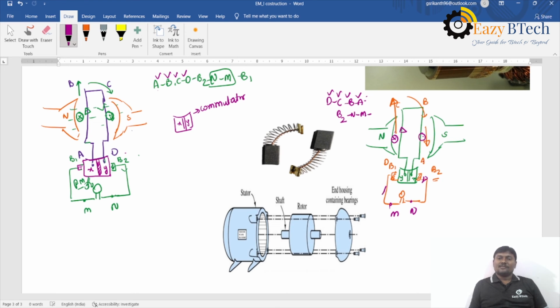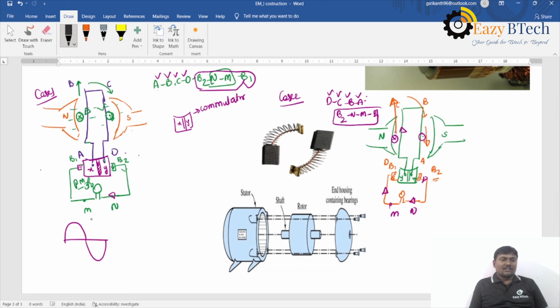Previously it is A, B, C, D. Now it is D, C, B, A. Now it is reversed. And the current leaves brush B2 to N to M, after that brush B1. Observe the load terminals.